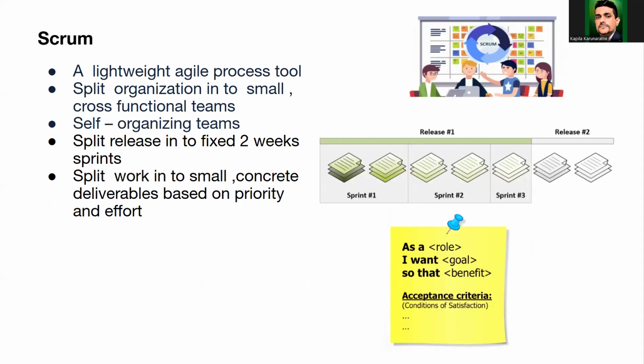Some organizations decide on 4 weeks as well, but it depends on the organization. It's almost the same as what agile is, but we'll deep dive into what Scrum is.